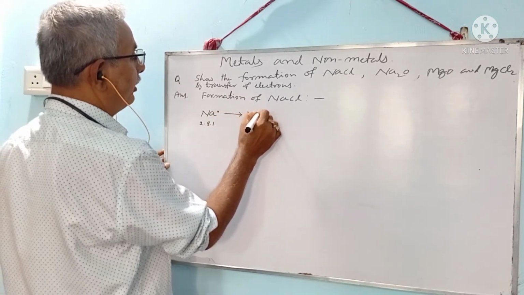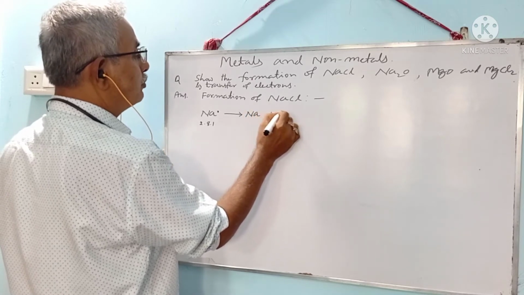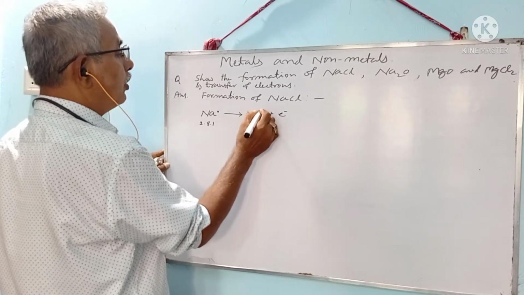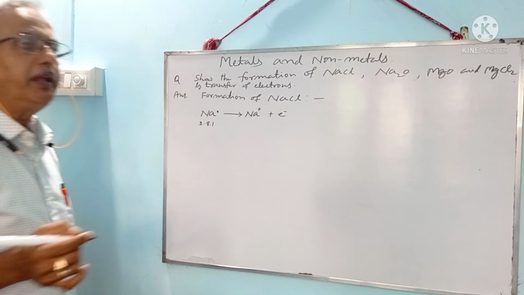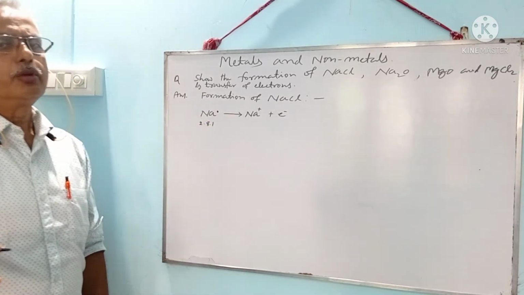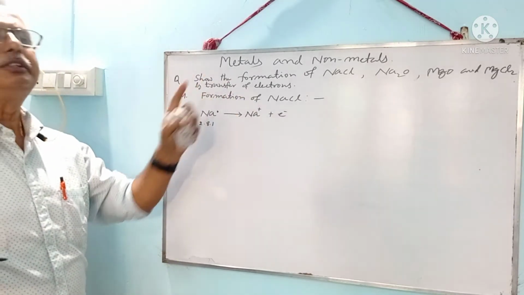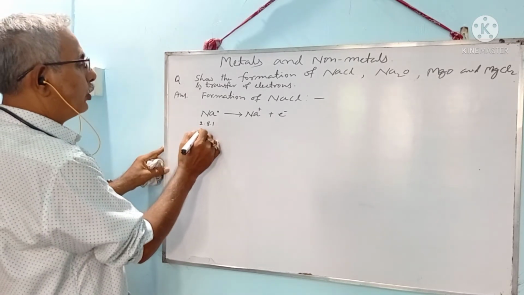Whenever an electron is lost, that means one electron has been lost. So here one positive. If two electrons were lost, then there would be two positive. If three electrons were lost, then there would be three positive, like that. Here you see chlorine.